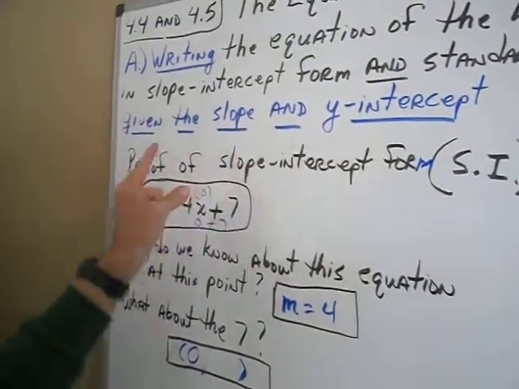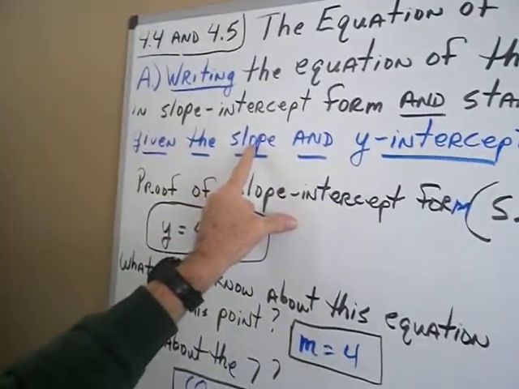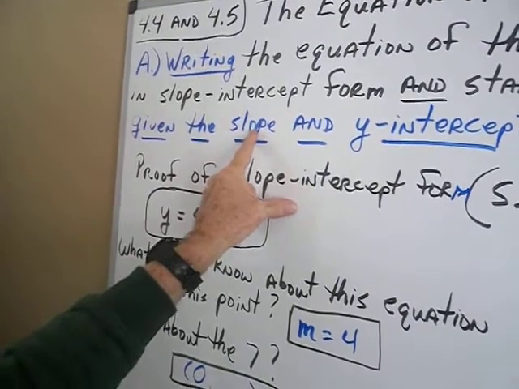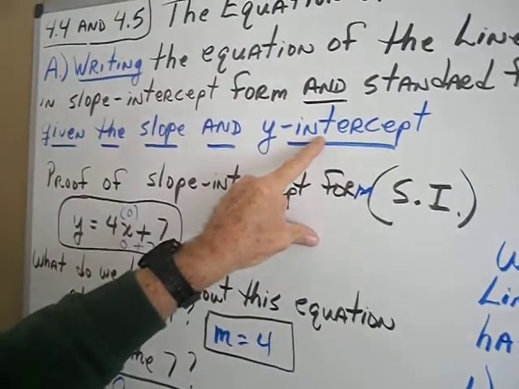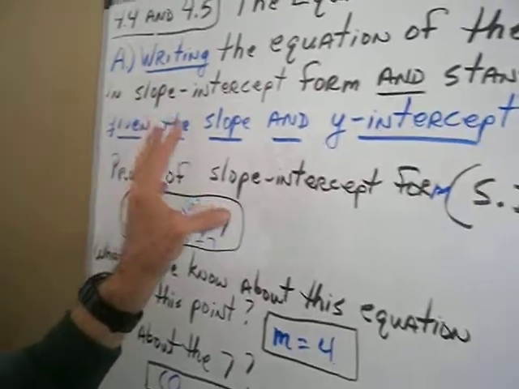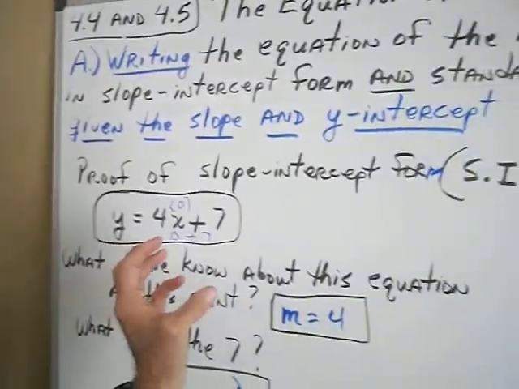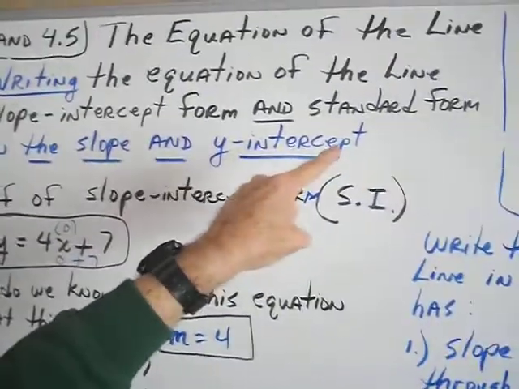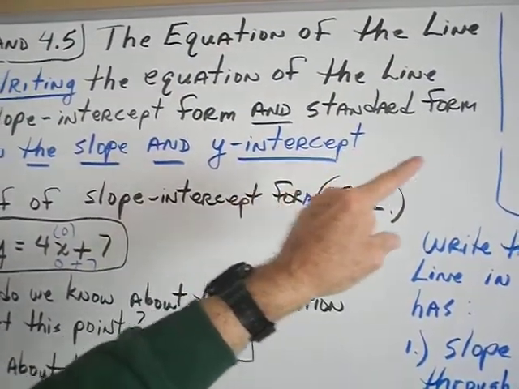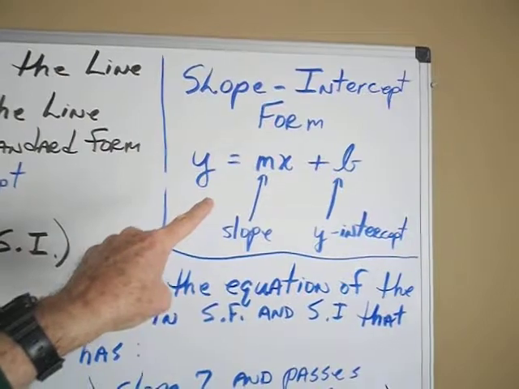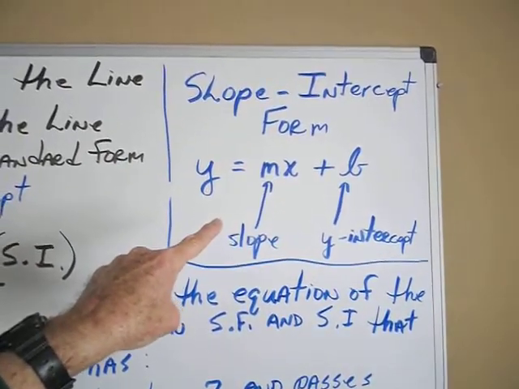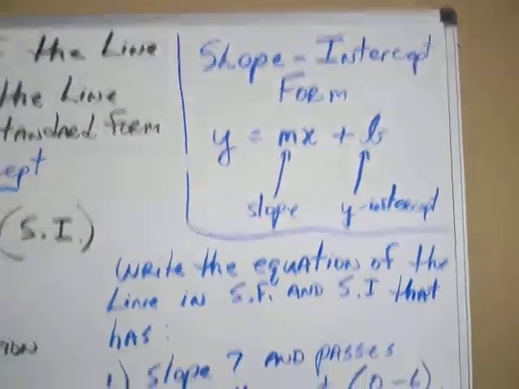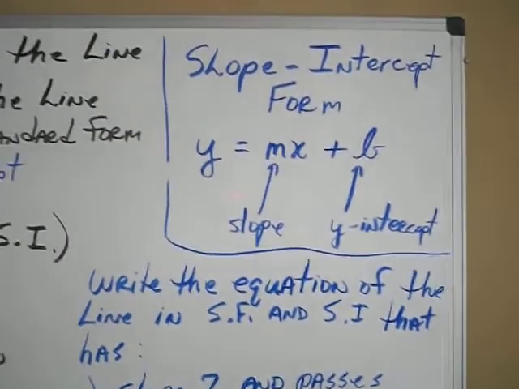We're going to be giving you data. This data right here. We're going to be giving you the slope and the y-intercept. And we're going to be asked to write the equation of the line in both slope-intercept form and standard form. Well, we already have our formula for the slope-intercept form: y is equal to mx plus b.